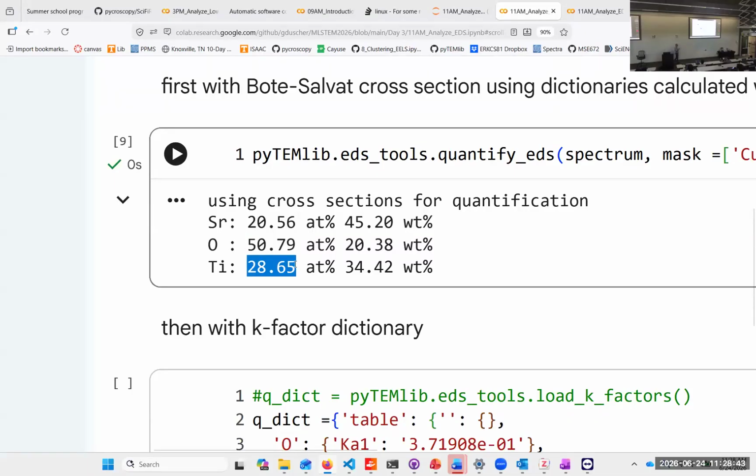So the standardless K-factors are reasonably off. And they are still, I think, the best ones that are directly calculated from the cross-sections that we can achieve. We can look up their papers.